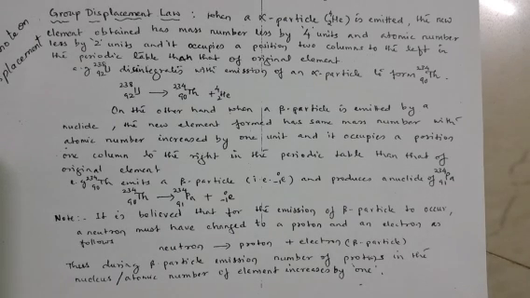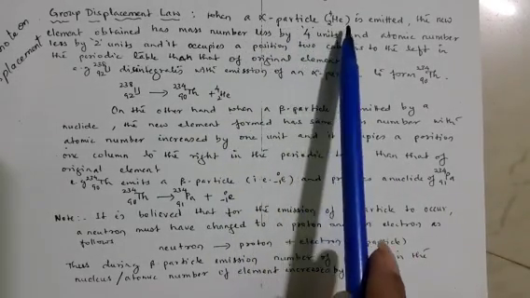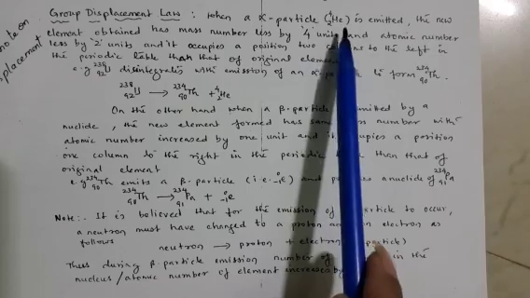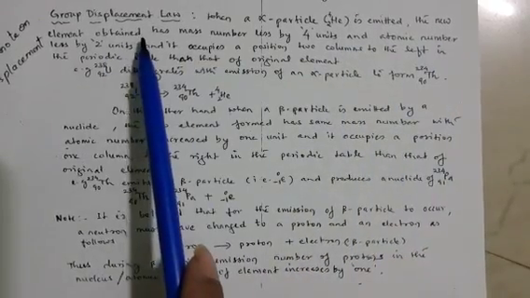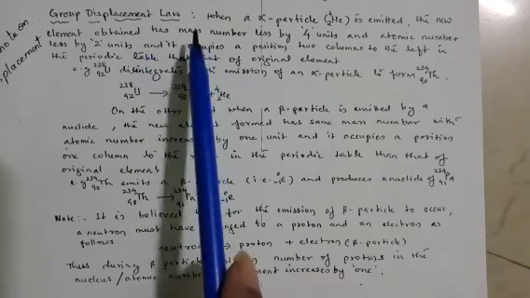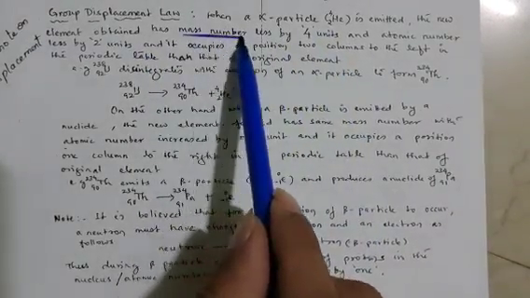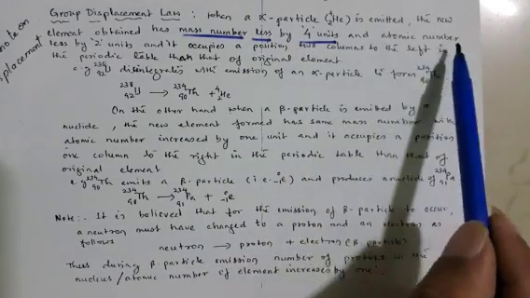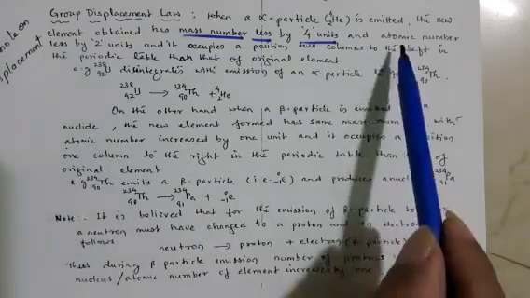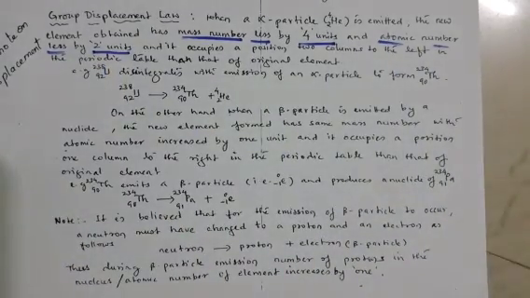According to the group displacement law, when an alpha particle, that is the helium nucleus, is emitted, the new element which is obtained will have a mass number less by 4 units, and the atomic number less by 2 units.